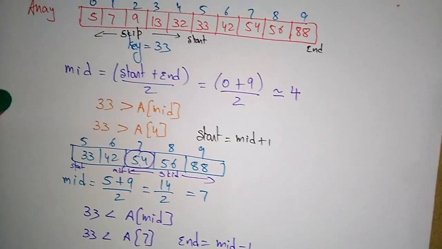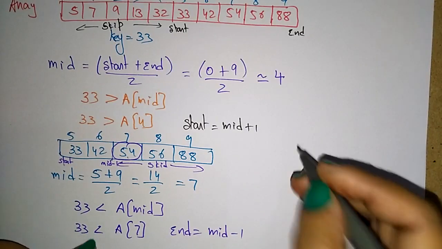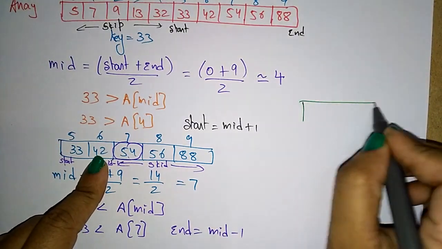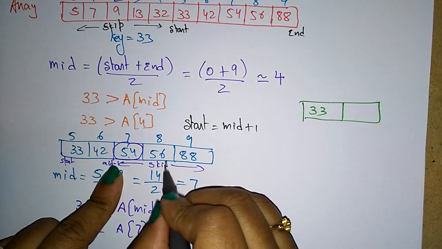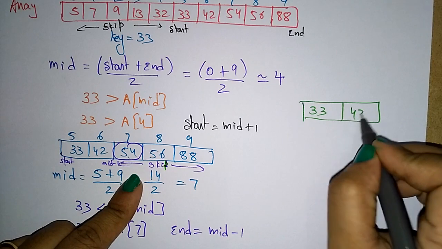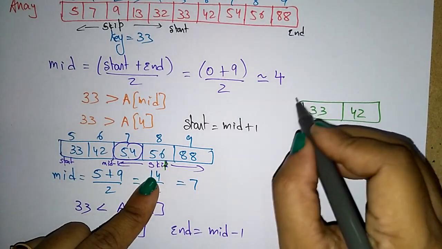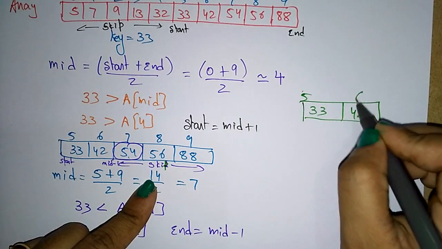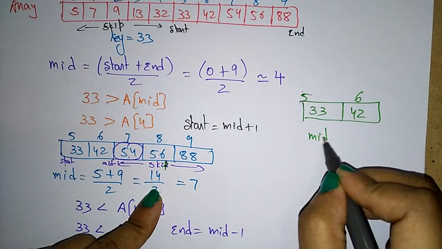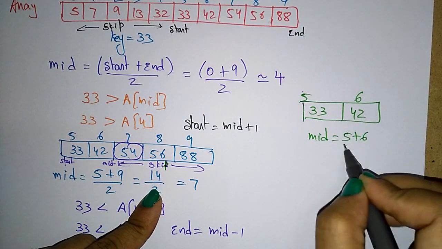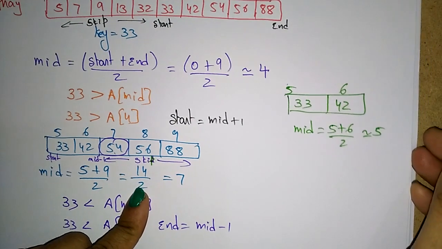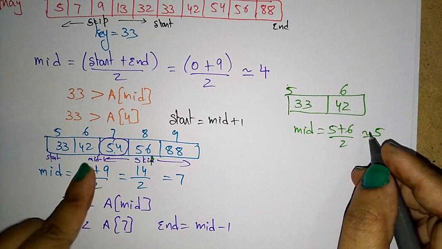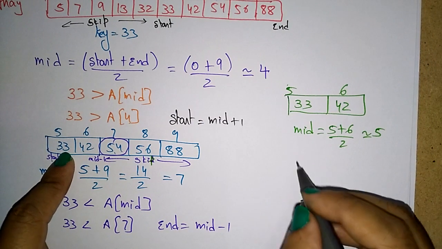Now again search. The array now consists of two elements: 33 and 42, with indices 5 and 6. Mid is equal to (5 plus 6) by 2, that is 11 by 2, approximately 5. So now the mid is 5.